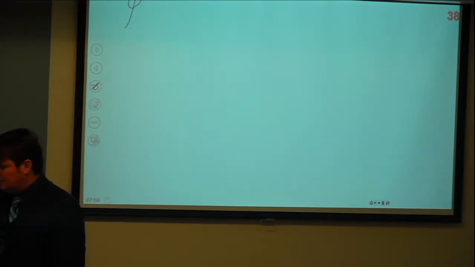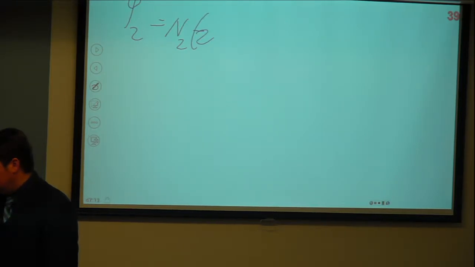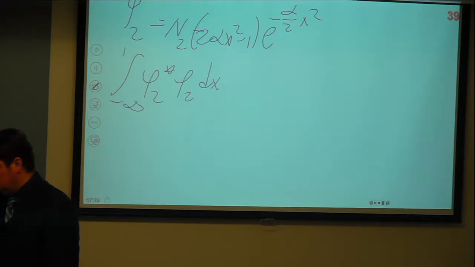So our secondary function is unknown normalization constant times 2 alpha x squared minus 1 times e to the minus alpha over 2 x squared. Normalization is the integral of phi star 2 phi 2 dx, which must be equal to 1.